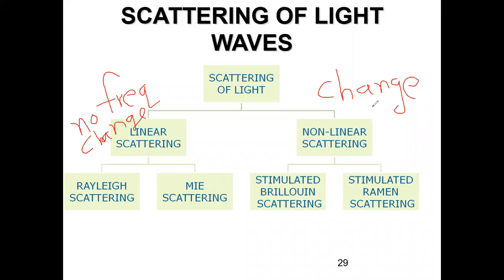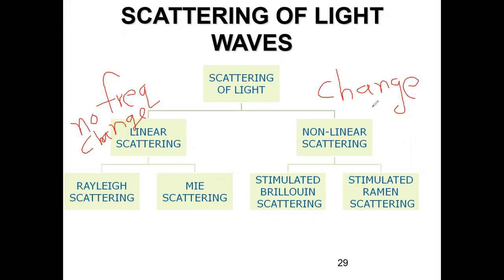Now remember, in our communication system, if we are not going for frequency conversion, if we are just communicating or transmitting the signal, we don't want a change in the frequency. We are modulating and all, that is a different thing, but the shape should not change.